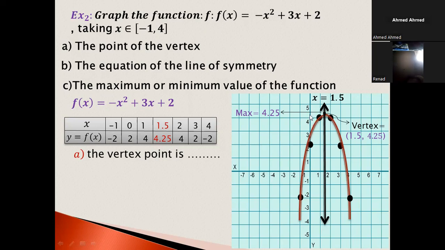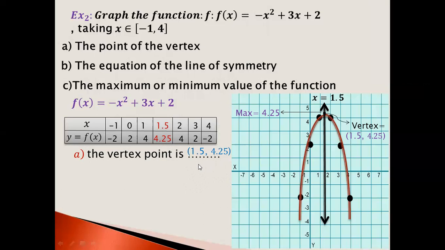It represents the element 4 and a quarter on the y-axis. So the vertex point has first projection 1.5 and second projection 4.25, or 4 and a quarter.